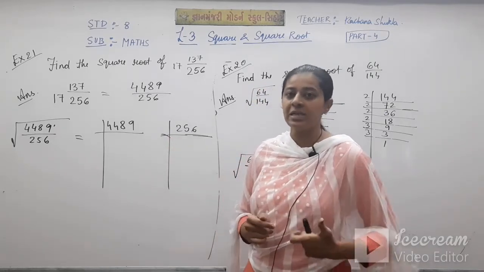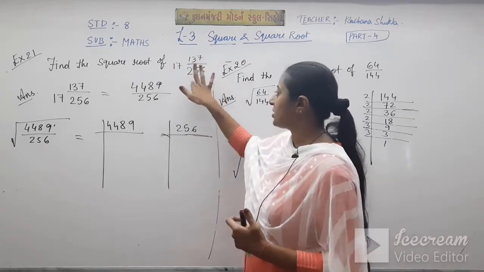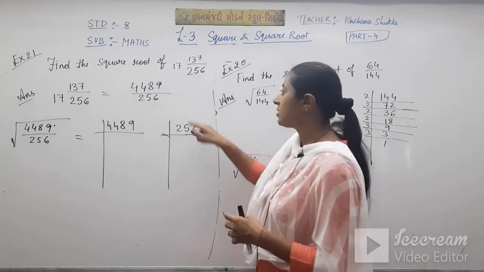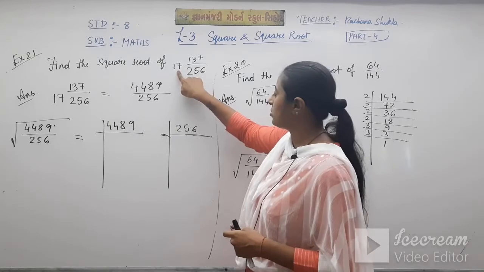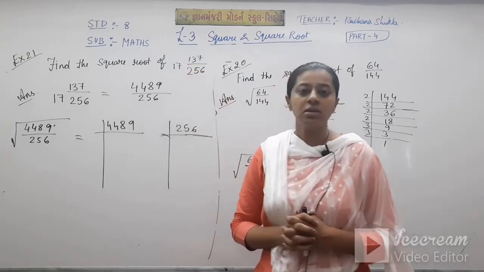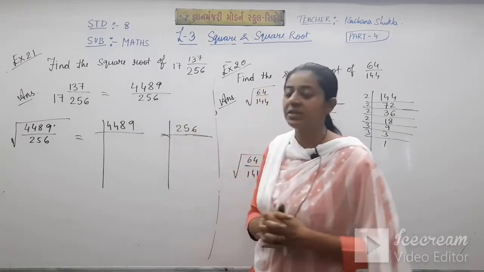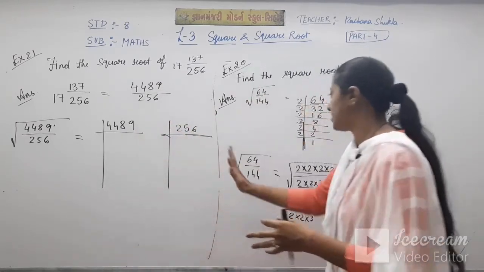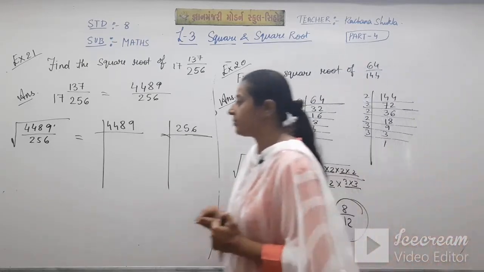The only twisted point in this example was changing the mixed fraction into a rational number, or an improper fraction. This is an improper fraction. So you have to multiply and add 137. So you will get 4489 upon 256. Then find the factors and do the sum like this way, and you will get your answer.